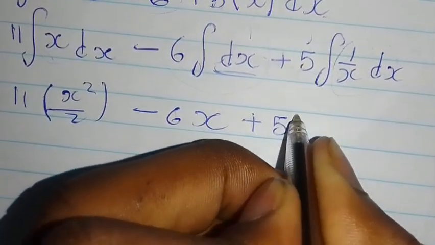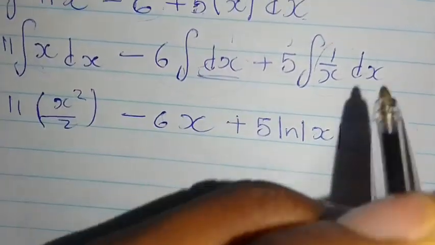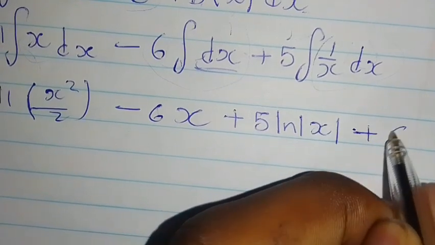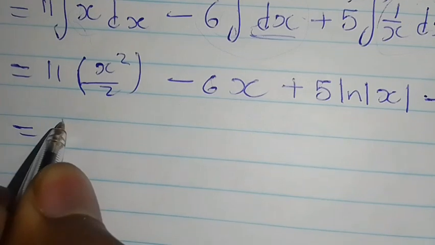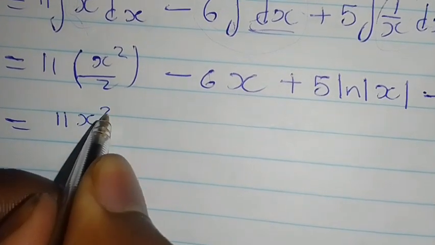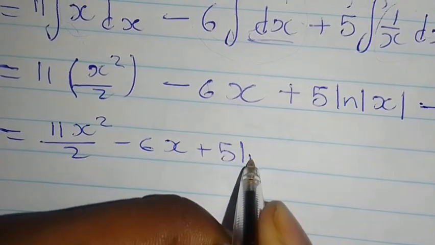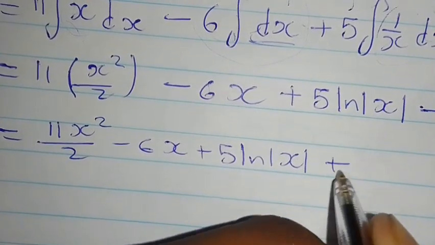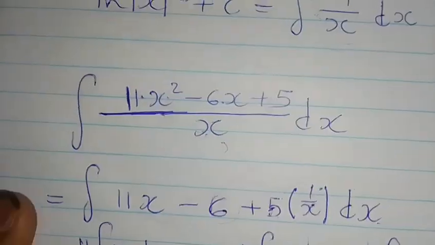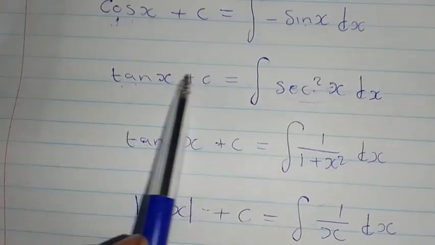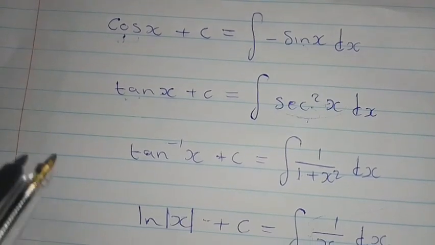So you'll have 5 times the natural log of the absolute value of x. Then you can add a constant. Then you can simplify. So it's going to be in this form: 11x squared over 2 minus 6x plus 5 ln absolute value of x plus a constant. So that's how you can integrate this: memorize the formulas for which you differentiate, and the integral of that will give you that function.